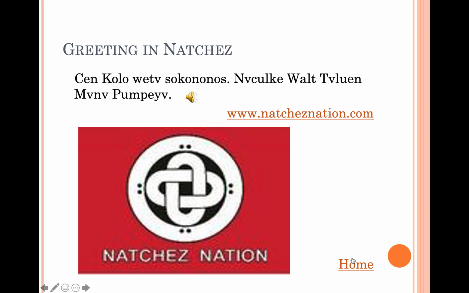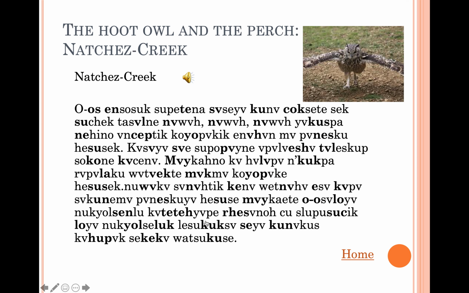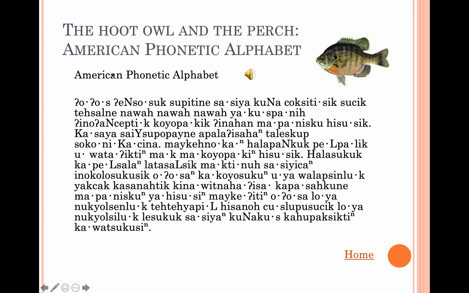I'd have to make it full screen. Well, maybe that link doesn't work anymore. But here are the stories. This is the Nachi language story written with the Muskogee Creek spelling system, orthography. And then we have a version of it in the APA, the American Phonetic Alphabet, so this is a phonetic way of saying that same story.